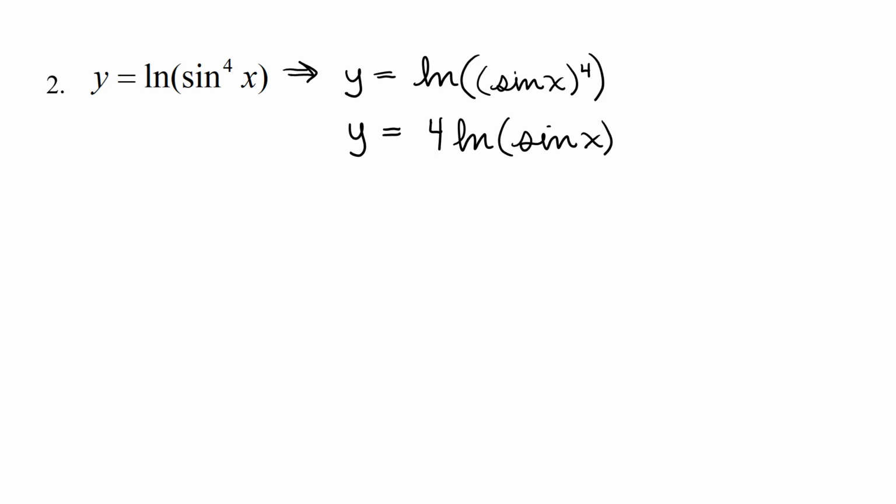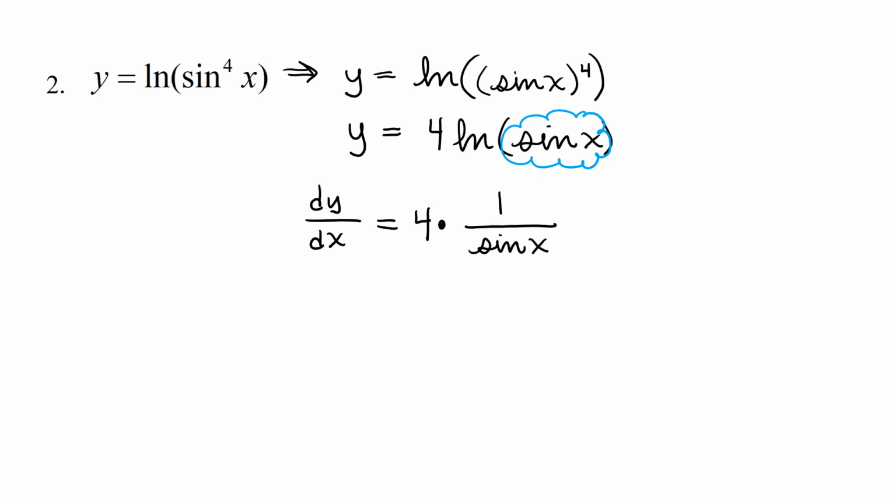So let's take the derivative now. So we have dy dx is equal to, well, this 4 is multiplying the function, so it's going to follow our derivative along. So we have 4 times, our outside function is natural log of x, and we have this sine of x inside of it. So we'll have 1 over sine of x.